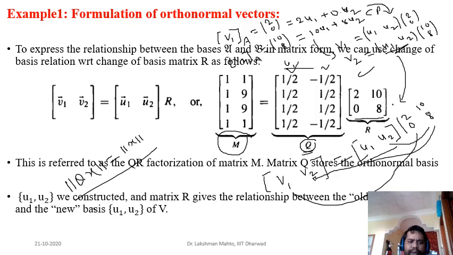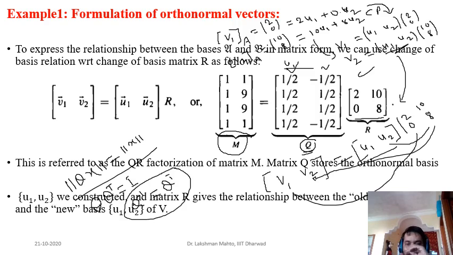One more property of an orthogonal matrix is that if you multiply the orthogonal matrix with its transpose, the resultant would be the identity matrix. So the inverse of an orthogonal matrix is just its transpose. Finding the inverse is very easy for an orthogonal matrix.